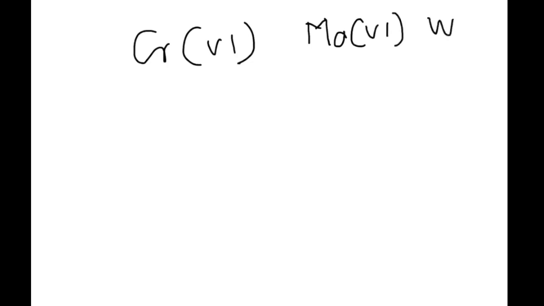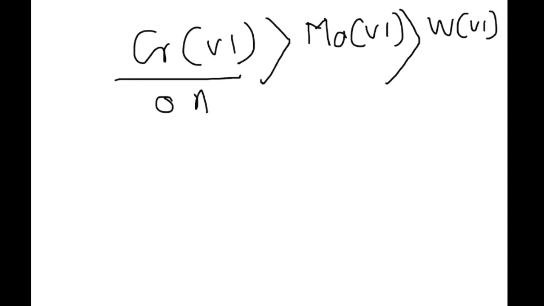So in chromium +6 state, molybdenum +6 state, tungsten +6 state, chromium +6 can act as a better oxidizing agent than Mo +6, than W +6. So this can act as the best oxidizing agent.